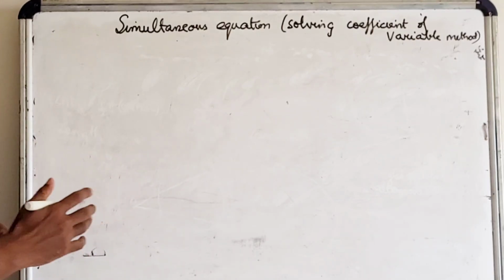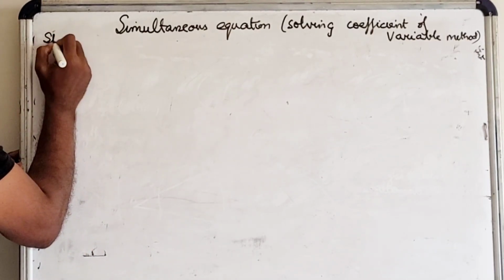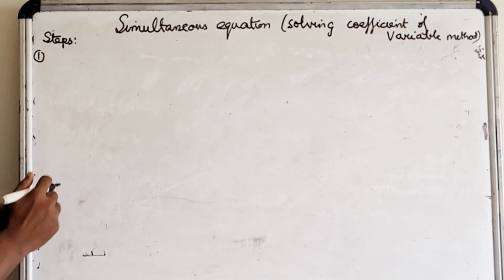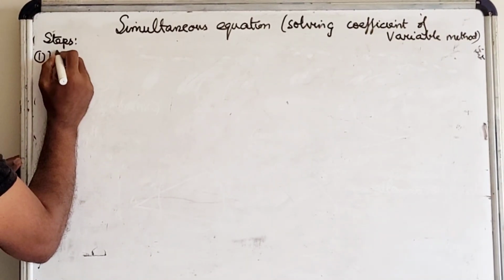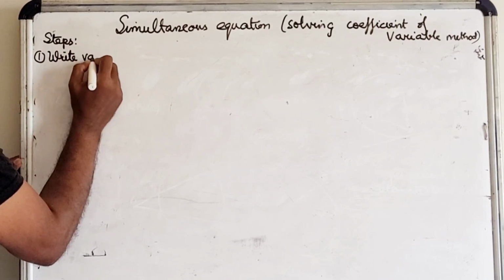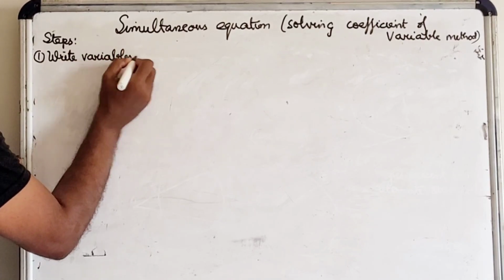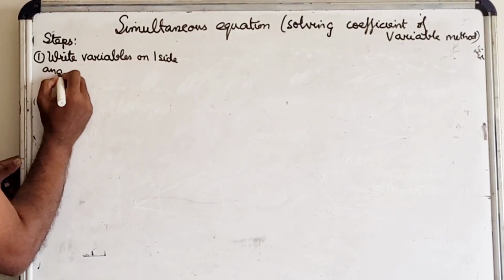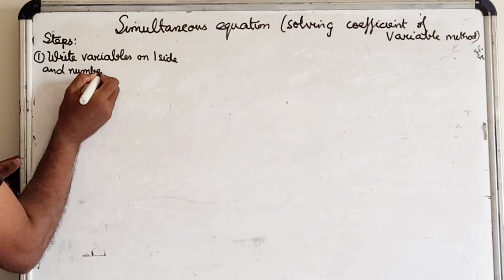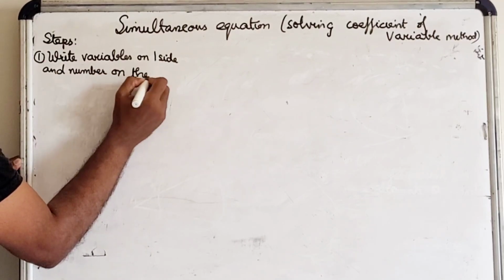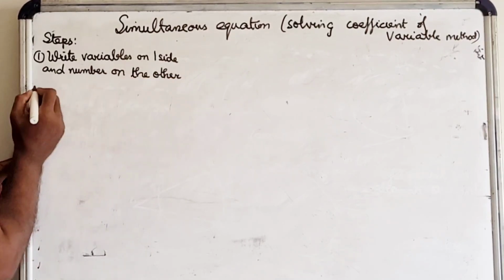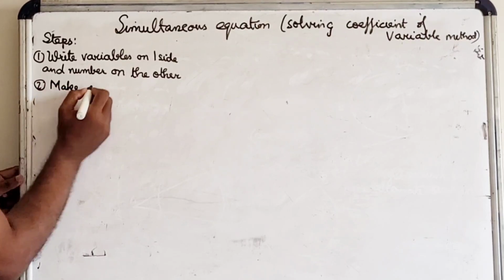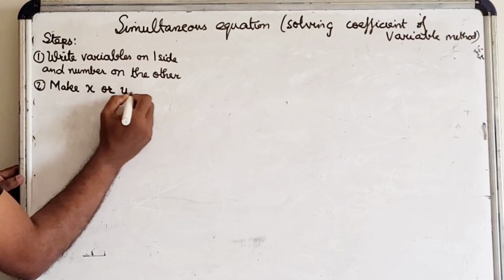So first, like always, we will see the steps that you will follow while doing the sums. First of all, write variables on one side and numbers on the other. Step 2, make x or y same.